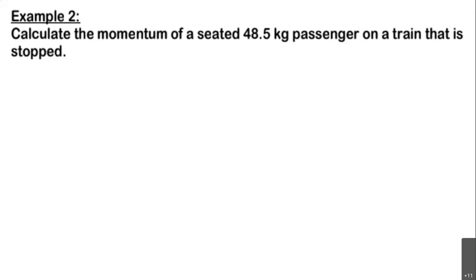All right, example 2. Calculate the momentum of a seated 48.5 kilogram passenger on a train that is stopped. What's zero? How do you know?